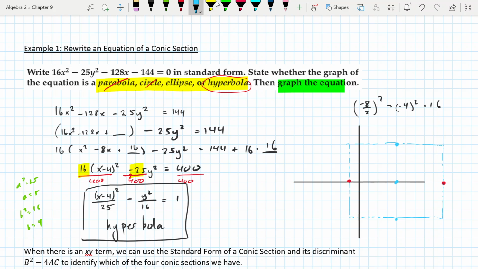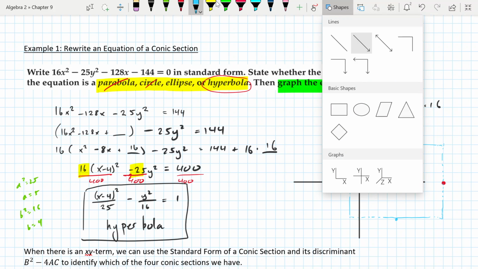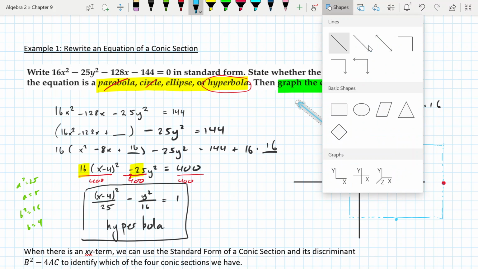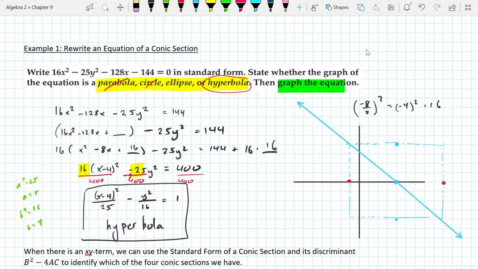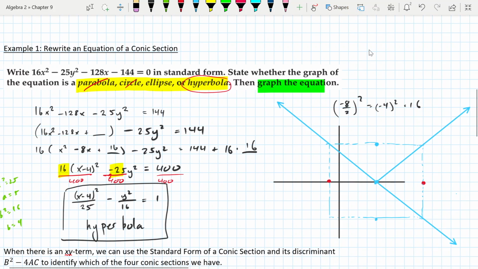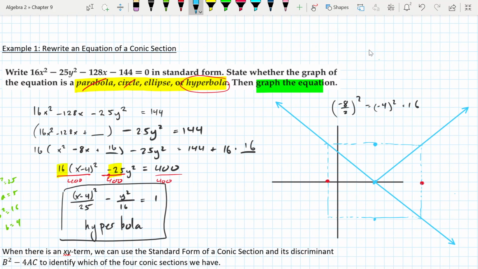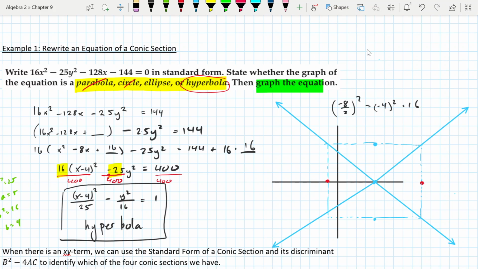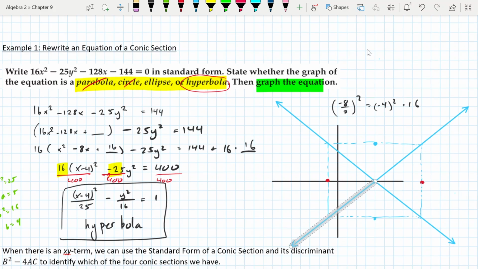And of course, our asymptotes go out through the corners from the center. All right. I'm just drawing it a quarter at a time, just because it's easier to get the right slope that way with the way my pen works on the screen.